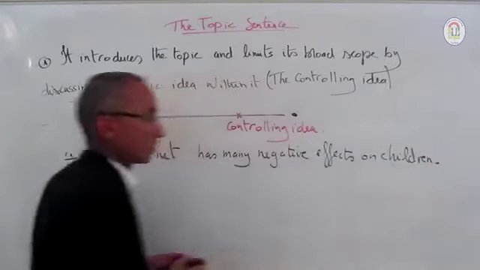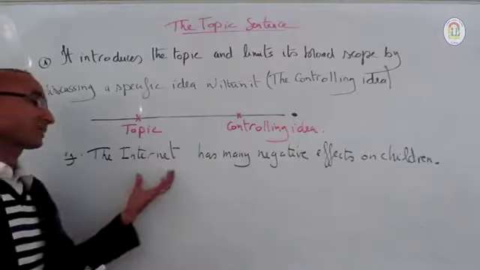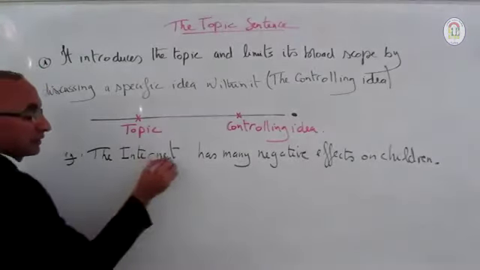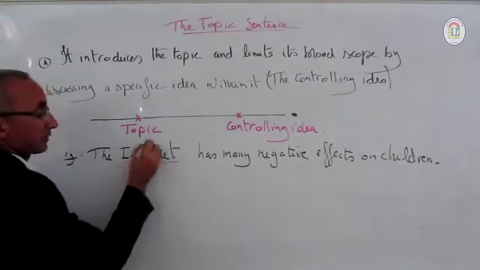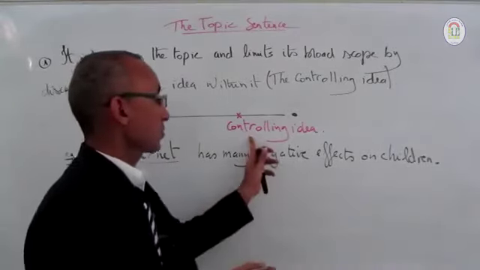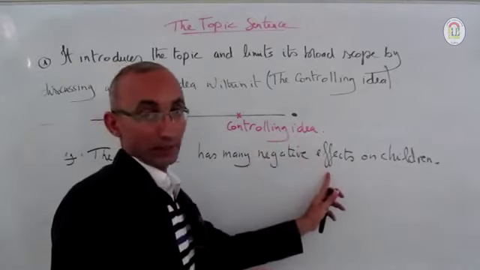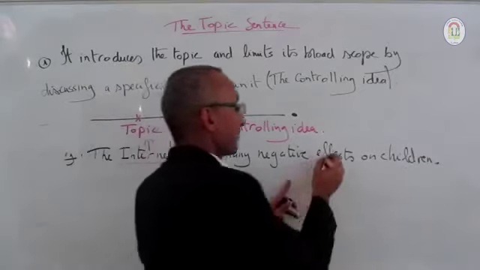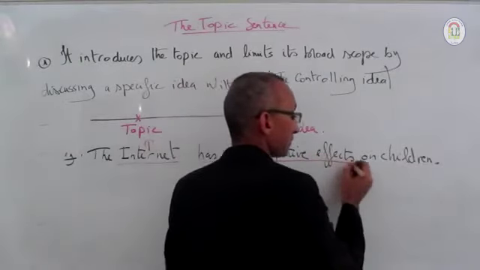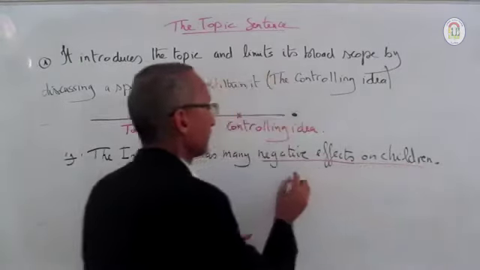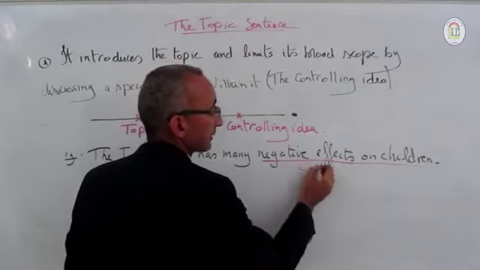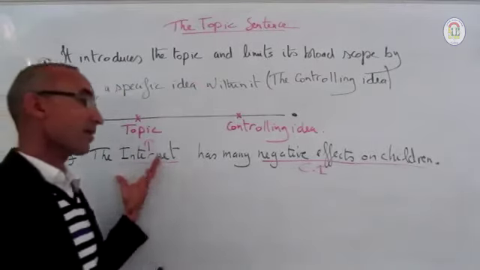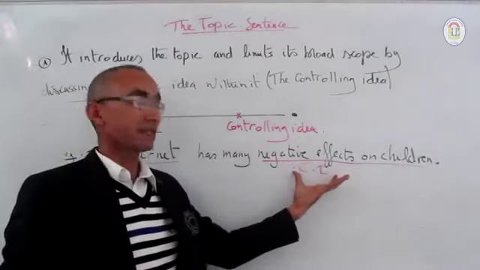So here is my first sentence of the paragraph, and it's my topic sentence. It includes the topic, which is the internet, clear, and also the controlling idea, which is more specifically the negative effects on children. This is my specific or controlling idea. I will try to develop this topic in the light of this specific idea.